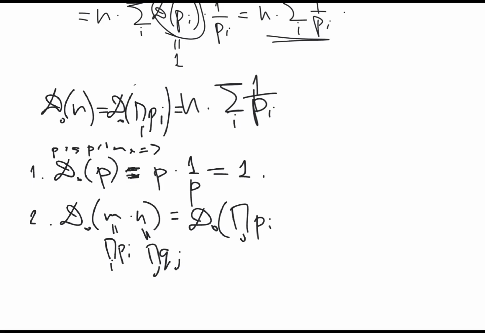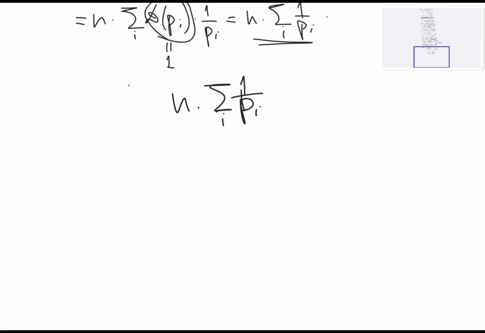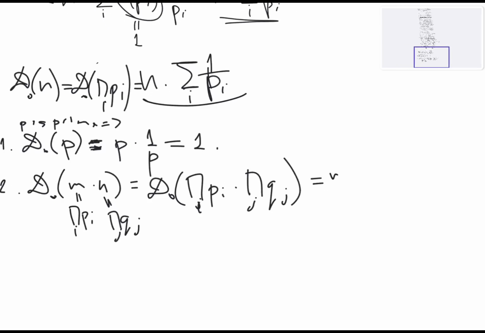So mn would be represented as the product of these prime numbers pi and qj, and by definition this would be defined as mn multiplied by the sum of 1 over pi plus the sum of 1 over qj, right?